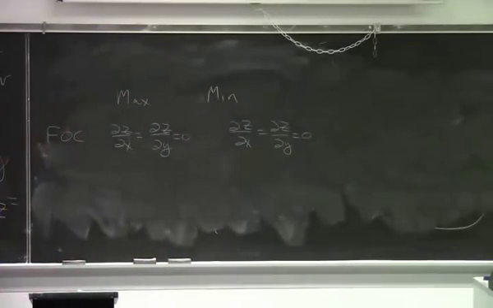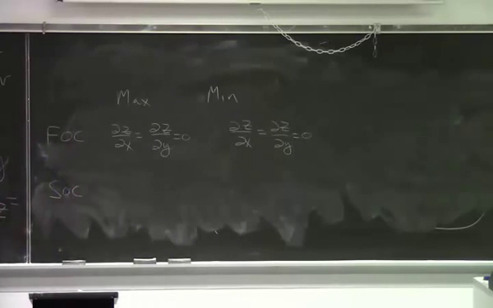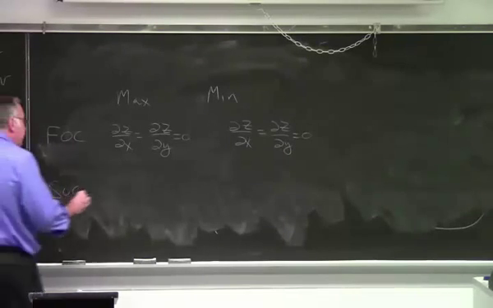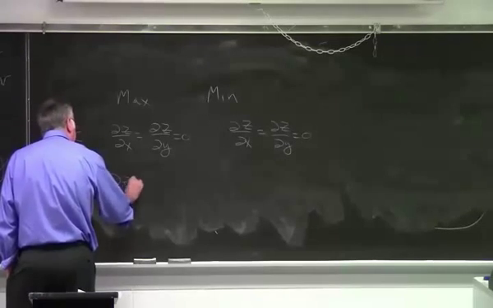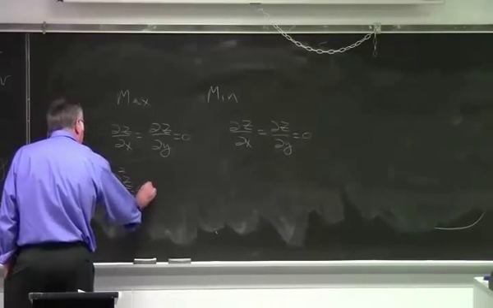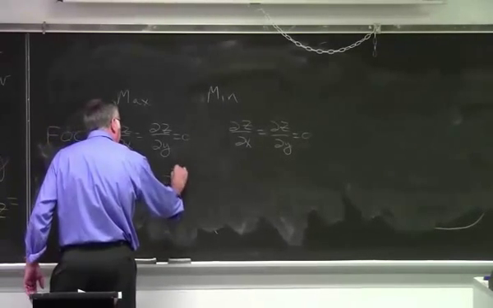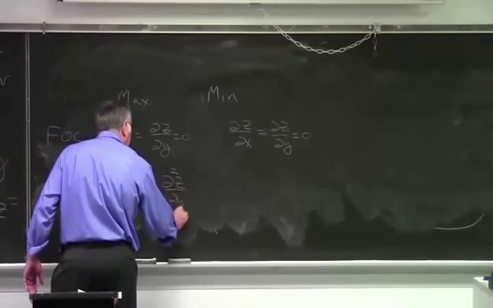The second order sufficient conditions for a maximum have two parts. The second derivative of z with respect to x has to be negative. The second derivative of z with respect to y has to be negative.